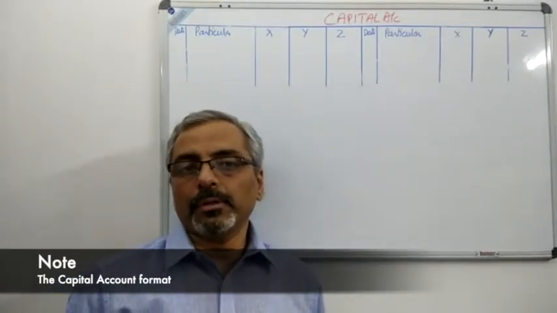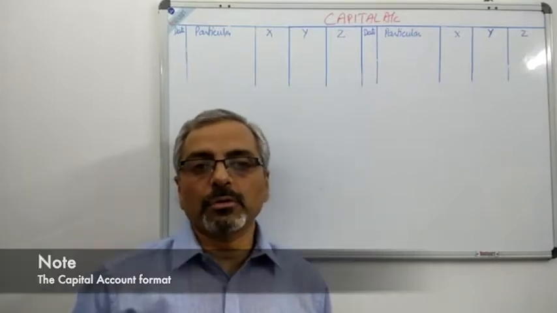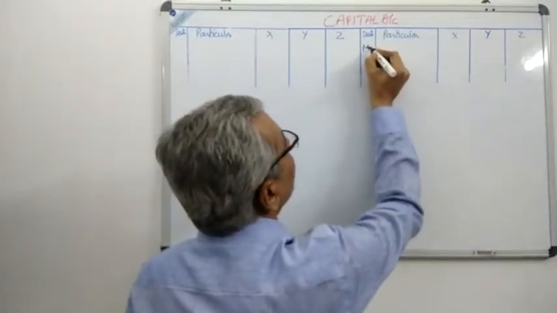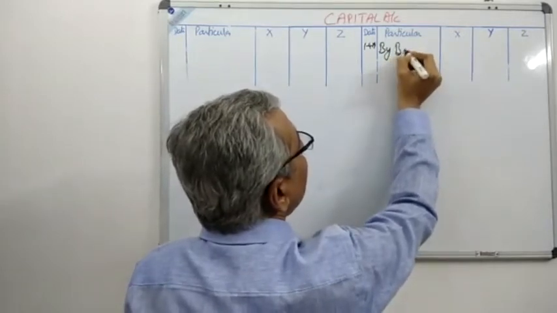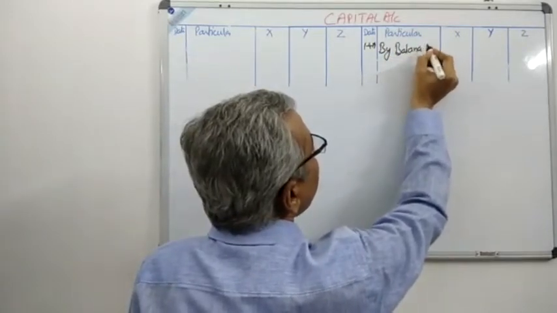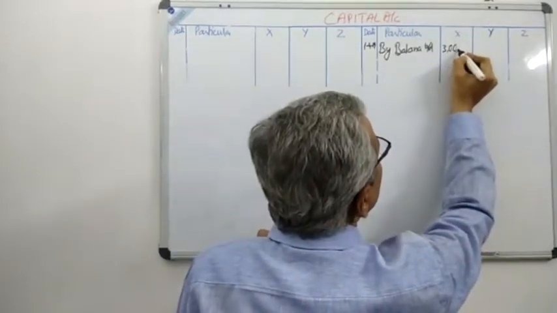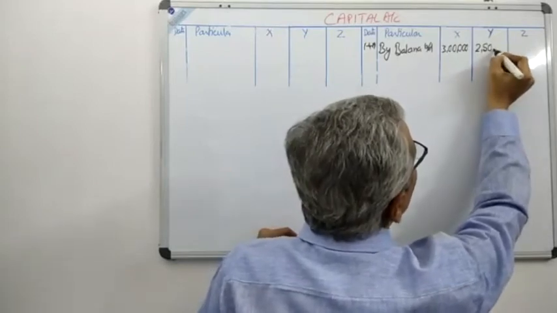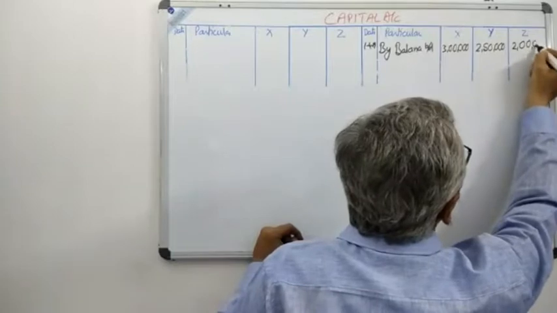So if you remember, the capital balance on 1st of April 2019 was: the balance of X was 3 lakh, of Y was 2,50,000 and Z was 2 lakh.